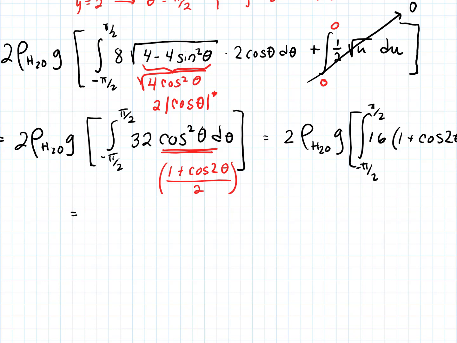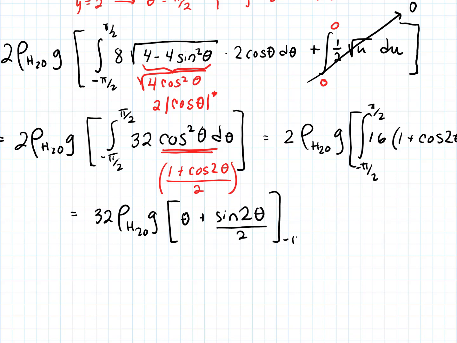And integrate, let's go ahead and bring out that 32 rho H2O G and actually do the integral here. I pulled out the 16, and so now the integral is going to be theta plus sine of 2 theta over 2, evaluated from negative pi over 2 to pi over 2.